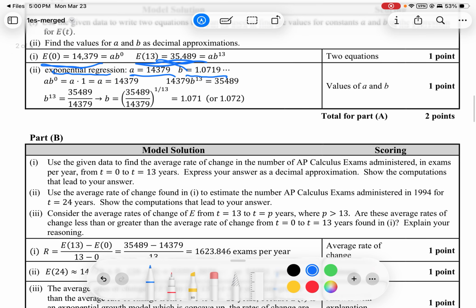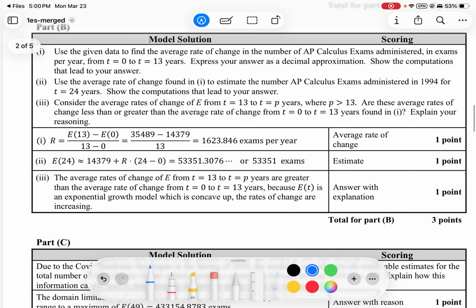So those are easy 2 points. These are also easy. And yeah, it looks like we're good here. We got this average rate of change, change in y over change in x. That's the exact workflow that we showed. And here, this looks to be pretty good as well. It's an estimate, so even if our rounding was a little bit different, I think we had 3.06, should be correct.